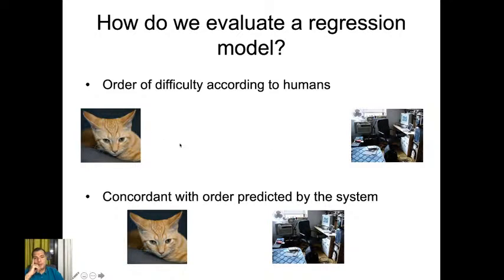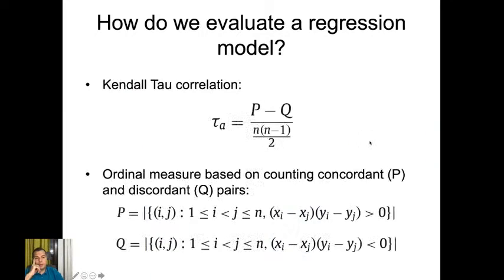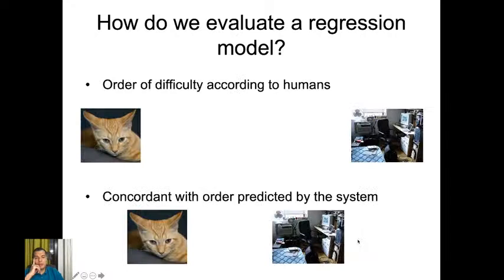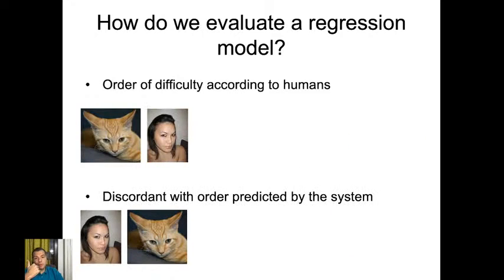It means that in both cases, image i appears before image j. This is this definition here. And here P is the number of elements in the set of concordant pairs, and Q is the number of elements in the set of discordant pairs. So we have this example as the concordant pair, and this example as the discordant pair.